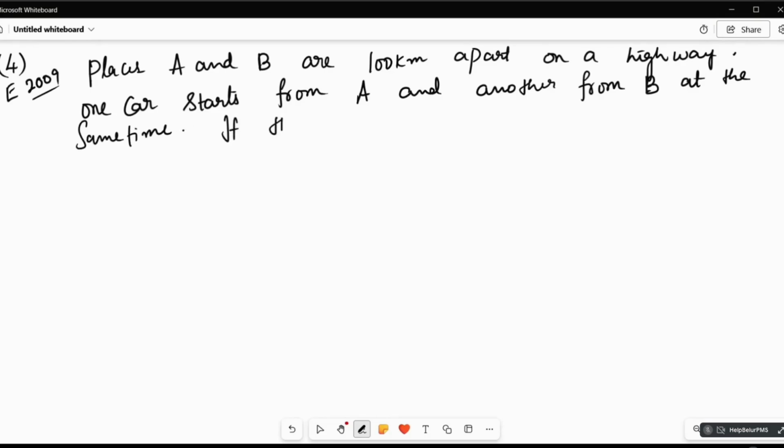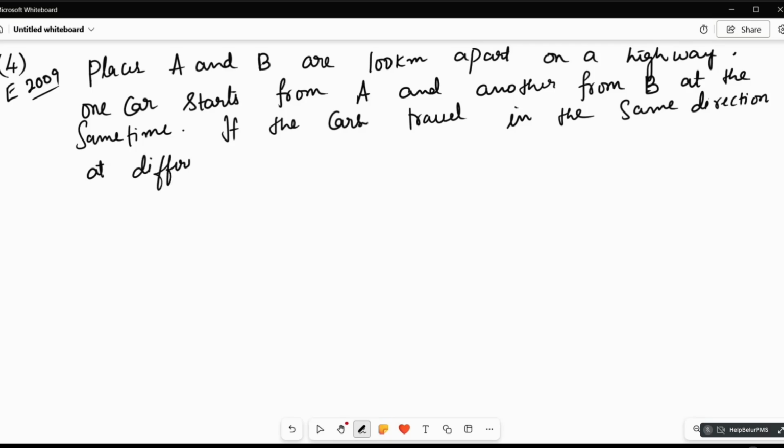If the cars travel in the same direction, at different speeds, they meet in 5 hours.